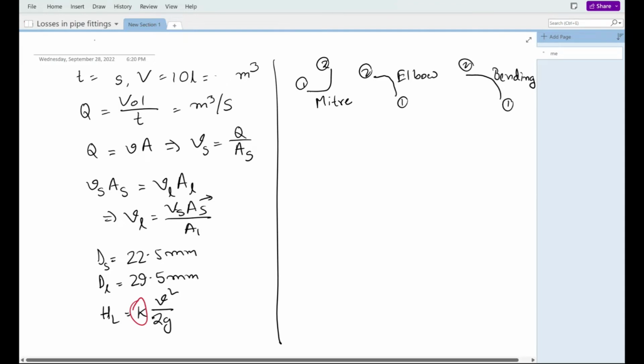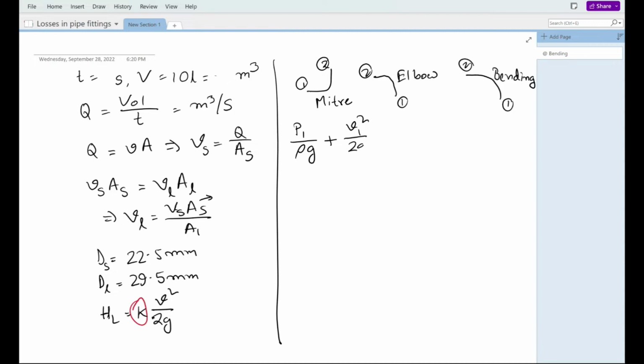Now, after exiting the pipe fittings, we will have two types of loss. One is due to friction and another is due to the pipe fittings, right? So this is called the modified Bernoulli's equation.